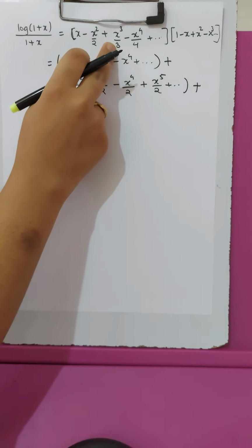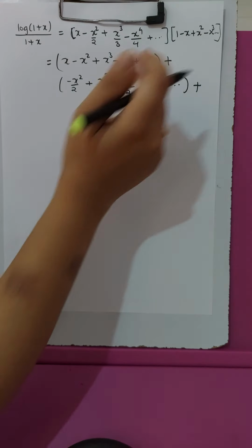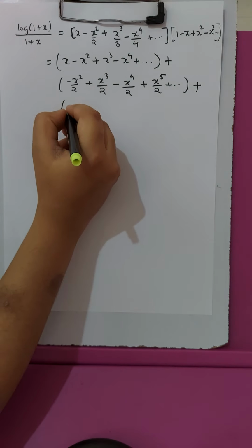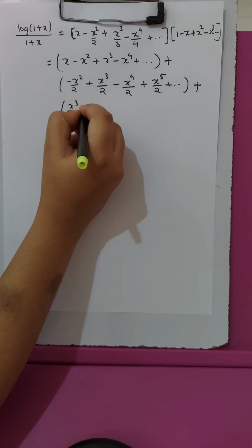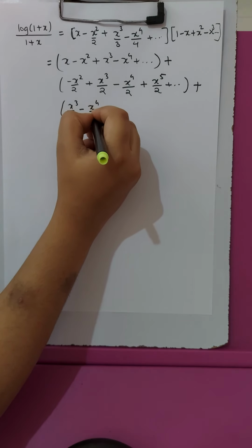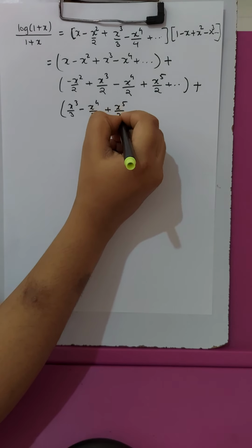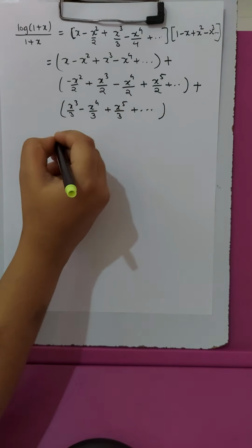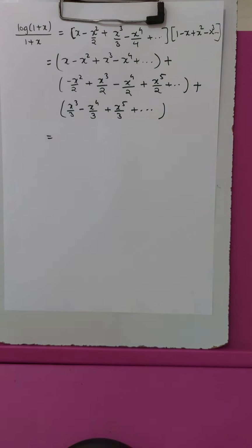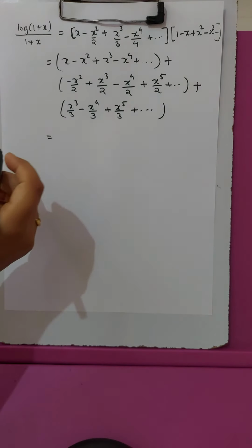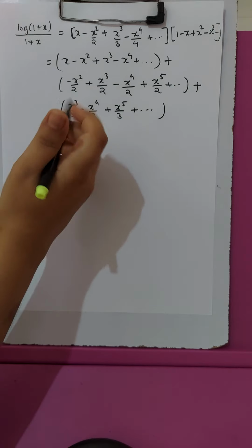Again multiplying by x cube upon 3 to this whole bracket, we get x cube upon 3 minus x to the power 4 upon 3, then plus x to the power 5 upon 3 plus up to so on.